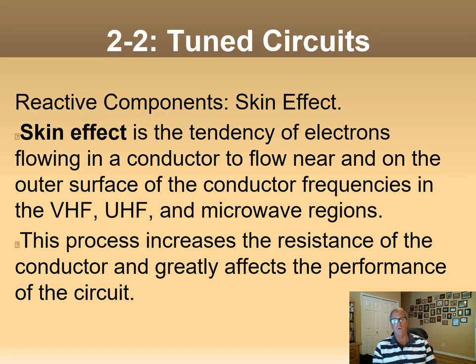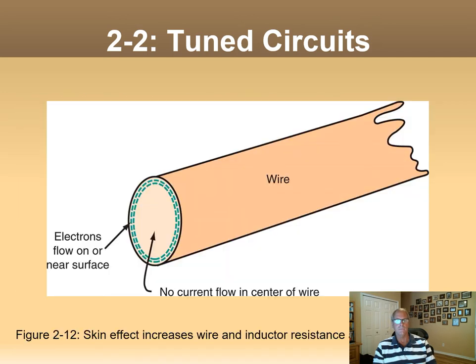Because you're not using the whole section of copper. Skin effect's a big deal if you have really high frequencies. So we use certain techniques, strip line techniques and things like that, on circuit boards to minimize that. And here's a picture of all the electrons on the outside, no current flow on the inside. So very high resistance at high frequencies.